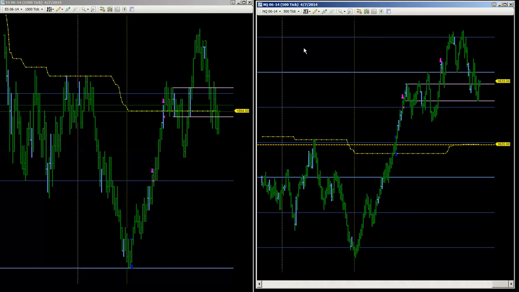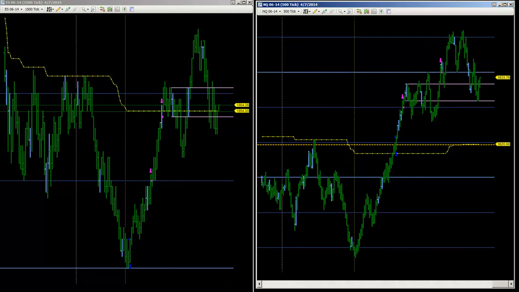But I have trailing stops in the ES and the NQ now. Still have one target to go in each of these. So I'm going to pause and I'll be back.